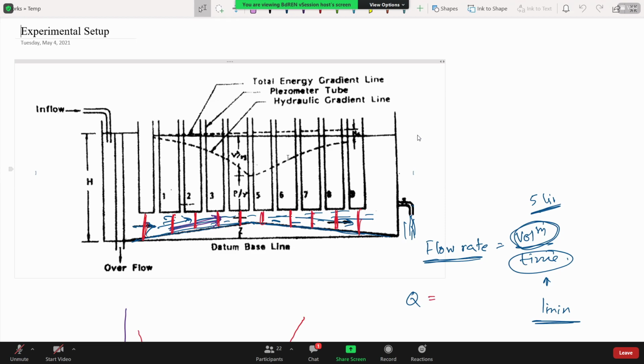Flow rate is equal to area times velocity, right? You know the flow rate from here, and you know the area, which you have to measure. Can you find the velocity? Yes, you will be able to find the velocity. If you connect the velocity of each of these 11 sections and draw a graph, you will get a graph like this.